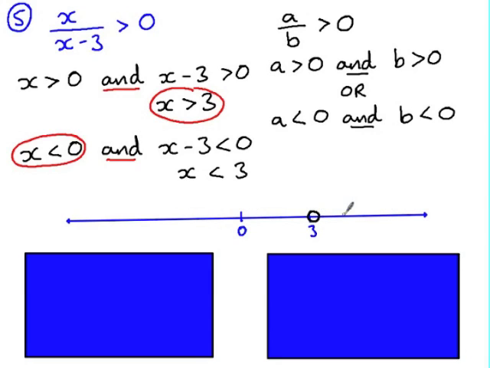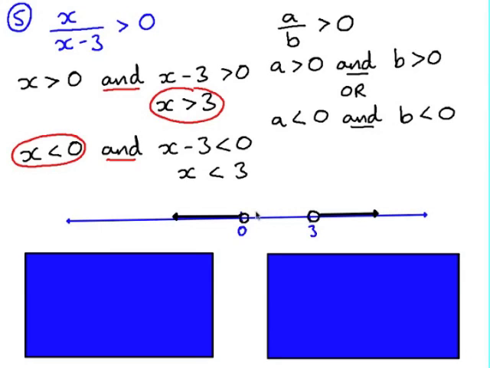For example, when x is 4, 4 over 1 is greater than 0. When x is negative 1, it is also greater than 0. But when x is 1, 1 over negative 2 is not greater than 0. So any values between 0 and 3 do not satisfy the original inequality.